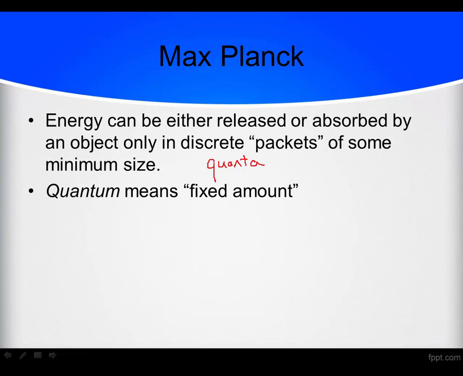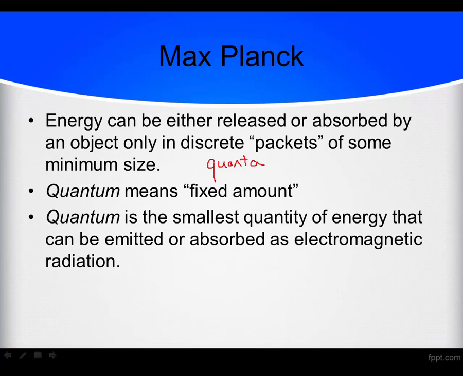So when we talk about quantum mechanics, we're talking about the mechanics of energy at very small fixed amounts, at this quantum level. Planck is the first guy to talk about quantum things. Quantum, as far as he's concerned, is the smallest quantity of energy that can be emitted or absorbed as electromagnetic radiation.